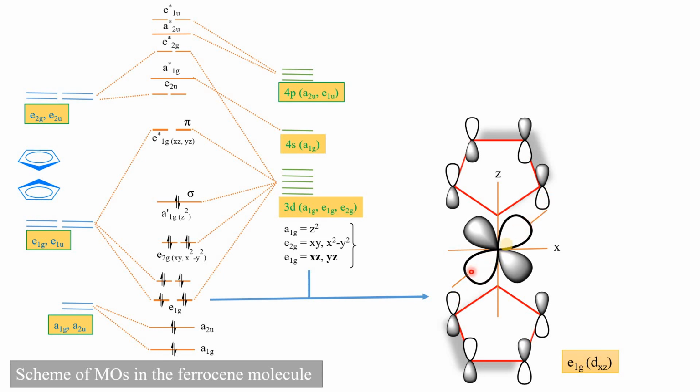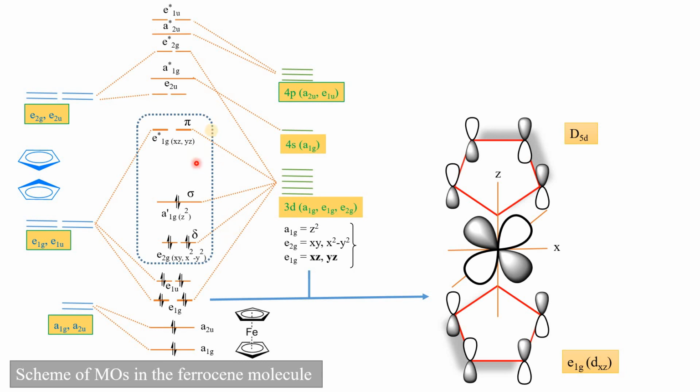So the symmetry of this lobe is matching with this. So the symmetry match is with the dxz orbital, and this is E1G. Similarly, there is E1G star, which is anti-bonding. So this is D5D symmetry, so there are 3 bonding types.